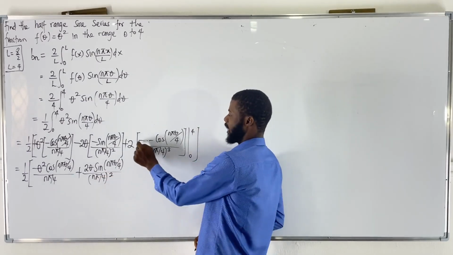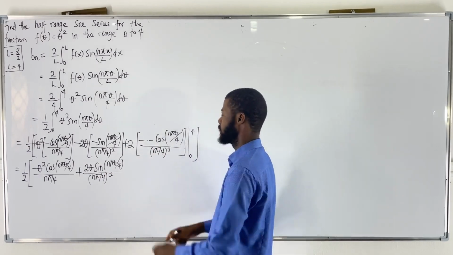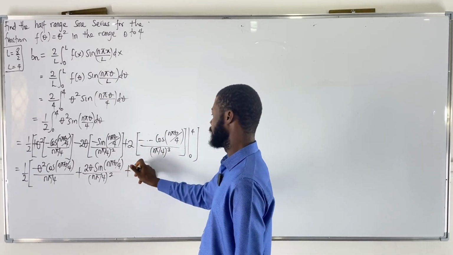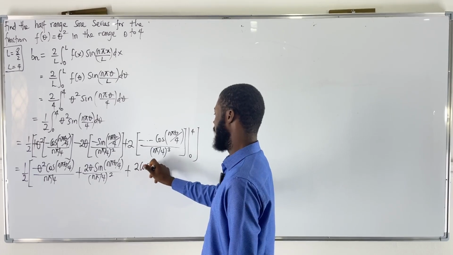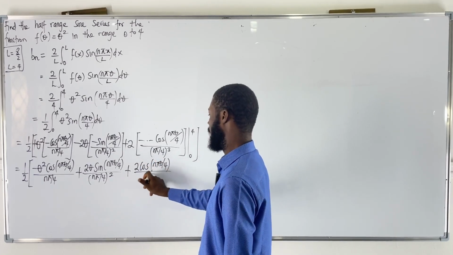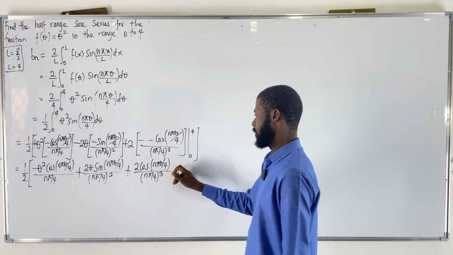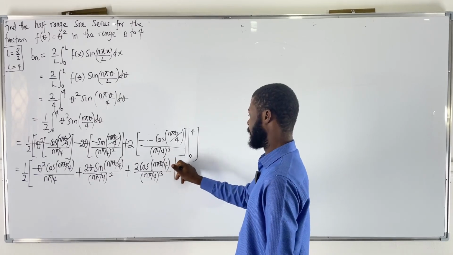All right, now this is plus 2, this is minus, and this is minus, so this is all plus. So this will be plus 2 cos(n pi theta over 4) divided by (n pi over 4) all cubed. Okay, and that's from 0 to 4.